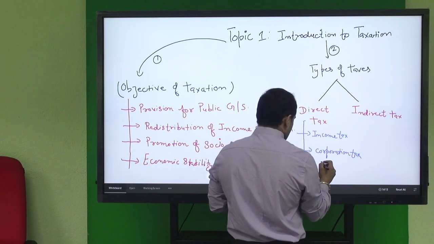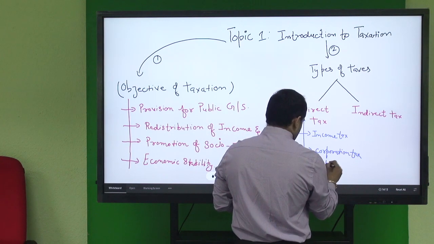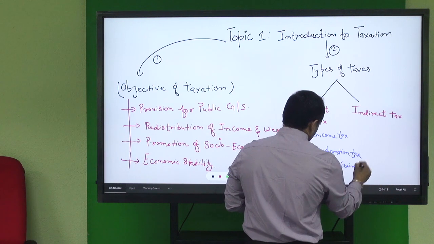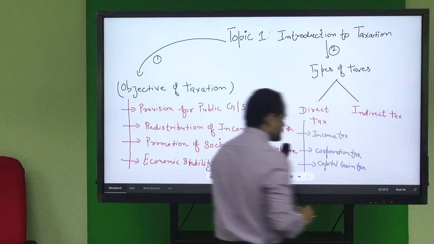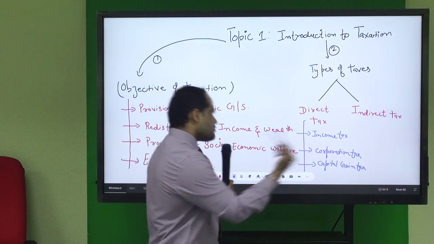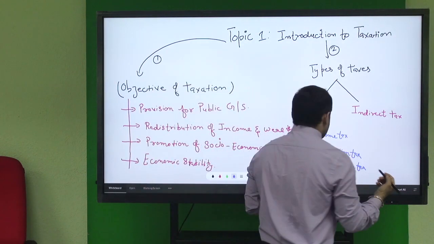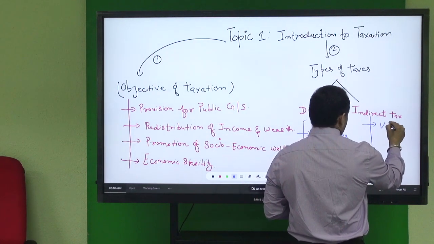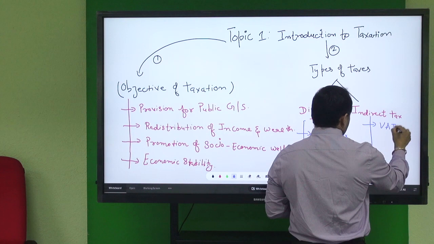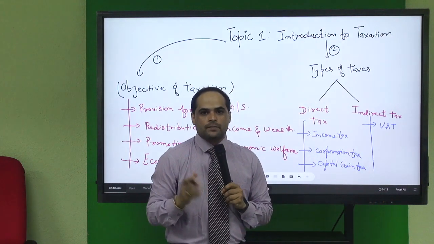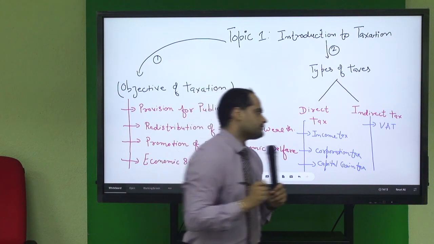And the third one is capital gain tax. Indirect tax, we have VAT, which stands for value added tax.